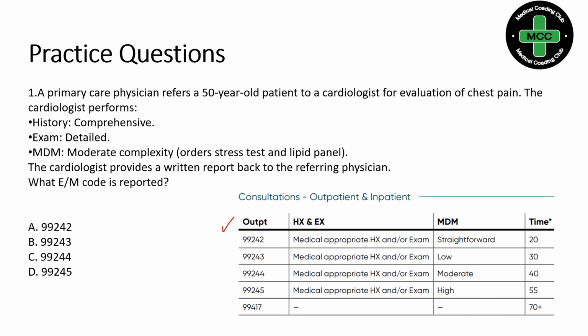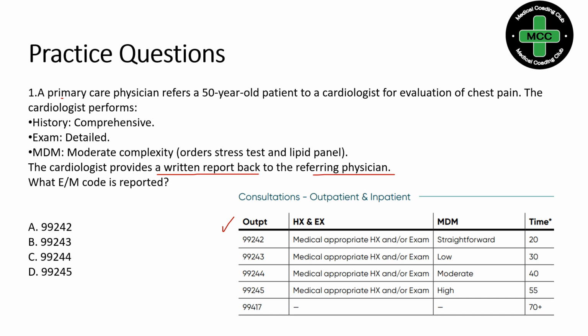Coming to the question, a primary care physician refers a 50-year-old patient to the cardiologist for evaluation of chest pain. The cardiologist performs a comprehensive history, detailed exam, and MDM of moderate complexity, and also provides a written report back to the referring physician. First, identify where this consultation was initiated. Who initiated the consultation?